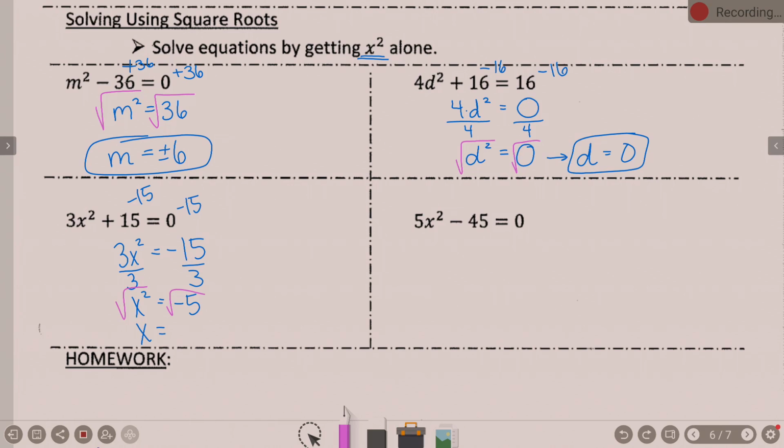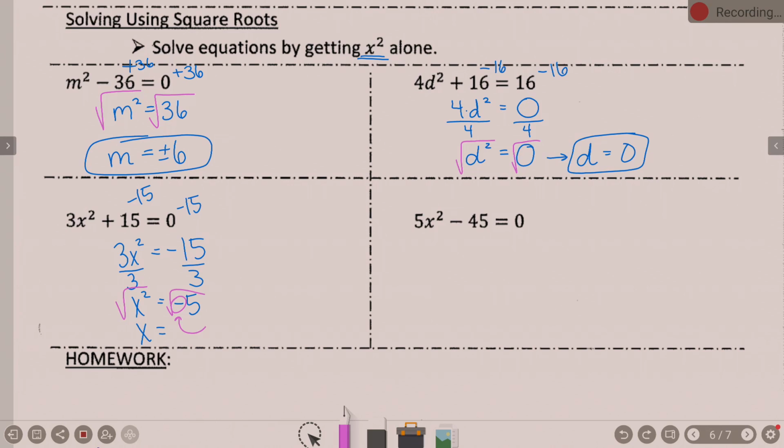Okay, so here's the deal. If this was the square root of 5, it is a decimal, 2 point something something. So you would either leave it as square root of 5 or give that decimal, and we'd have to put a plus or minus in front of it. However, we tried to take the square root of a negative. If you try to take the square root of a negative, your calculator is going to give you an error code.